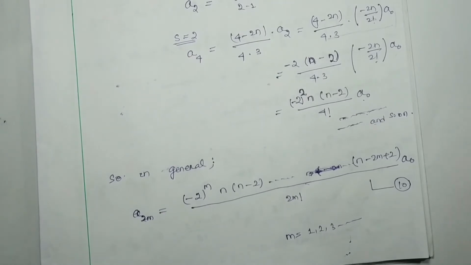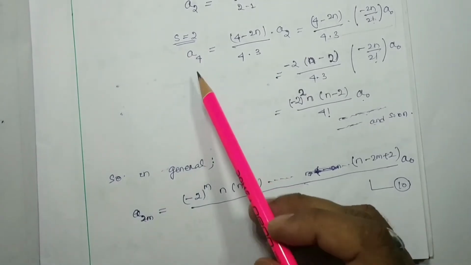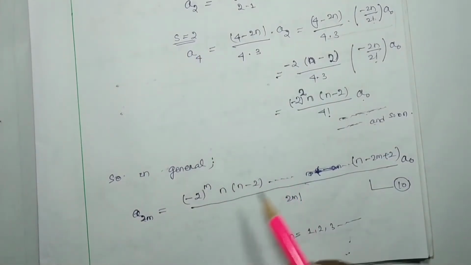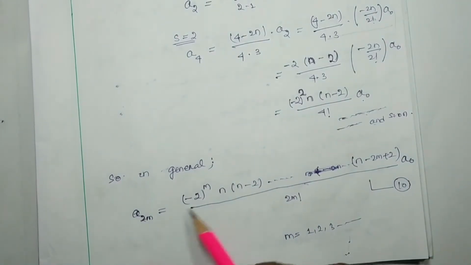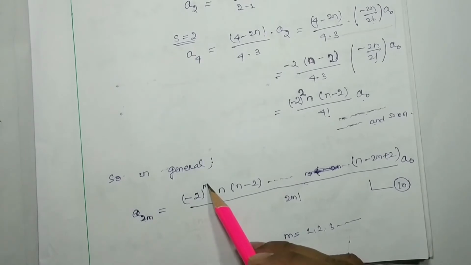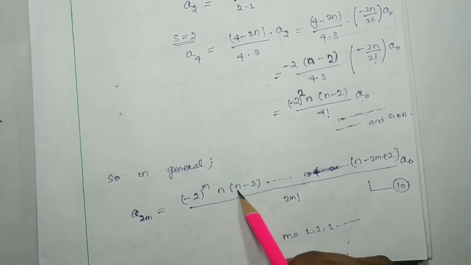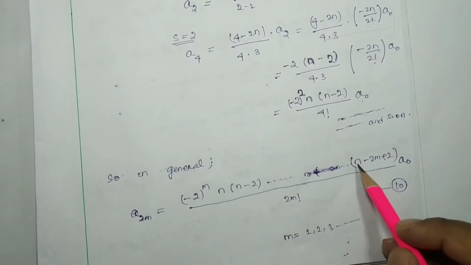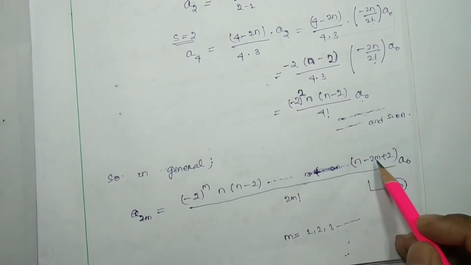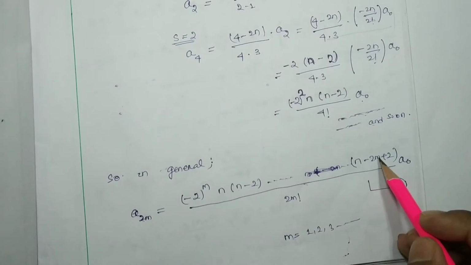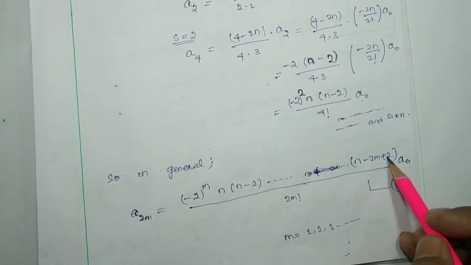So for cross checking of a4, we have to consider m equal to 2. So it will be a4 equals minus 2 to the power 2 into n into n minus 2 dot dot dot n minus 2. Here m we have considered as 2. So 2 into 2, 4, minus 4 plus 2 will be minus 2.